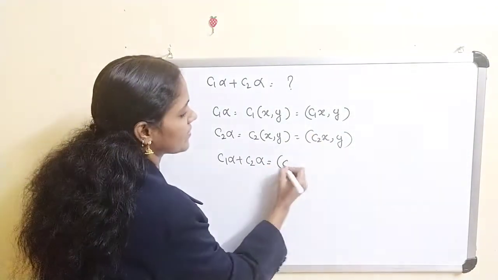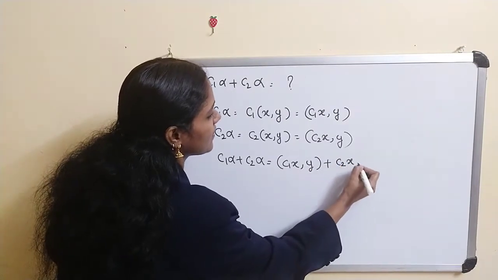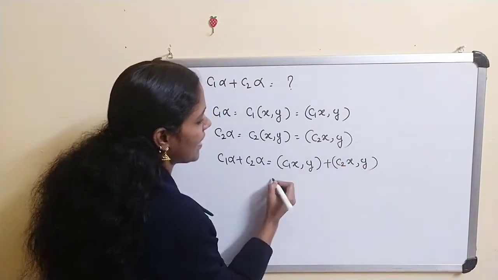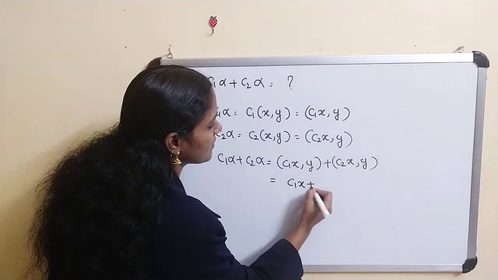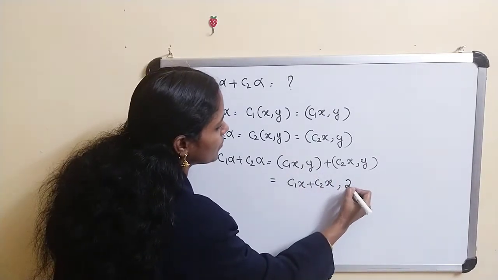Adding these two, we get (C1x + C2x, y + y), that is (C1x + C2x, 2y).